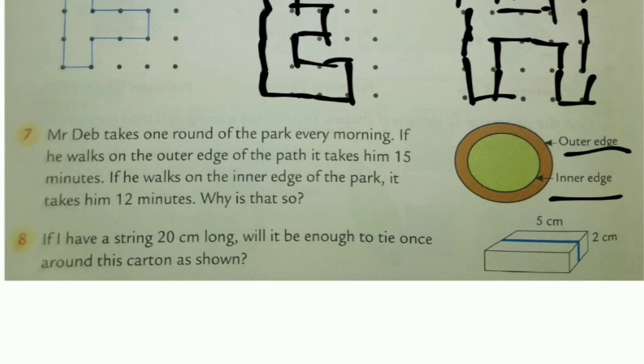We can say that the outer part is greater than the inner part, or we can say that the inner part is smaller than the outer part. Now question number 8. If I have a string 20 centimeter long, will it be enough to tie once around this carton as shown? Yes, because it is already tied, so we can write the answer yes.